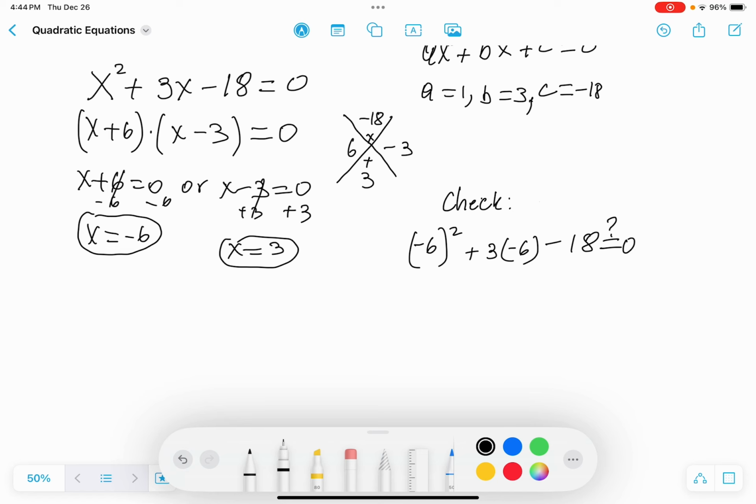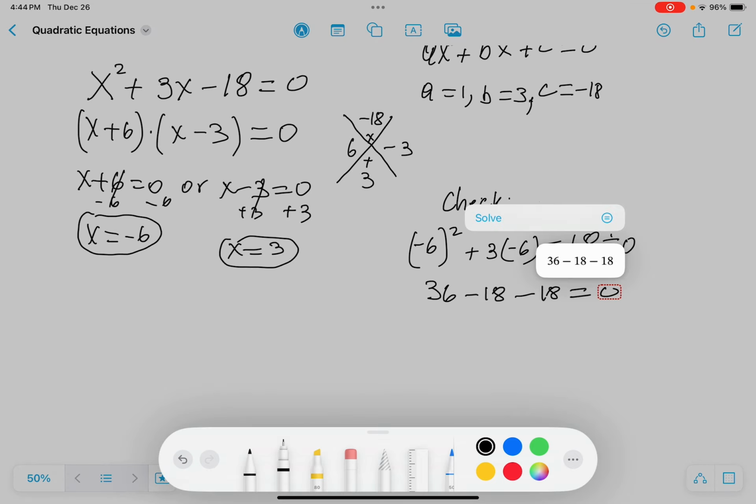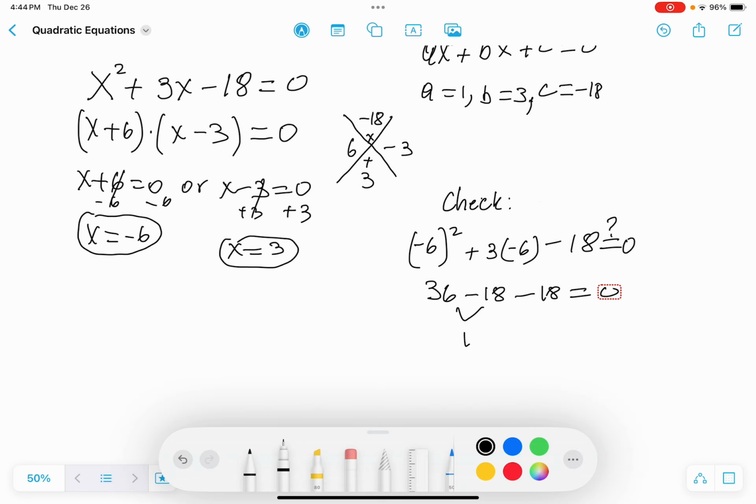Negative 6 to the second power would be 36. 3 times negative 6 would be negative 18. And then minus 18 equals 0. 36 minus 18 will be 18. And then 18 minus 18, is that equal to 0?